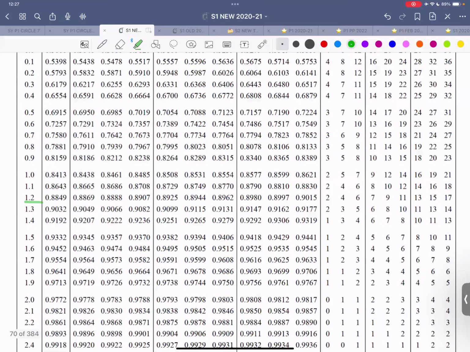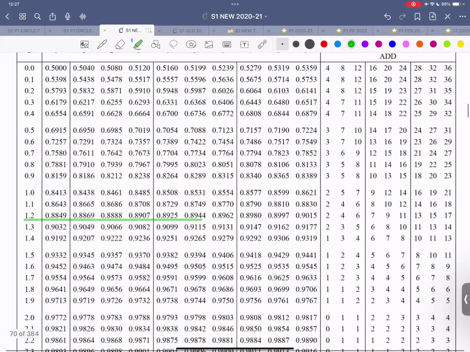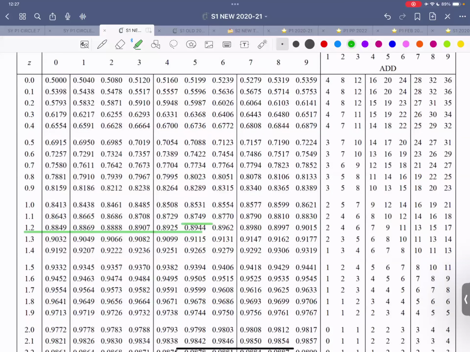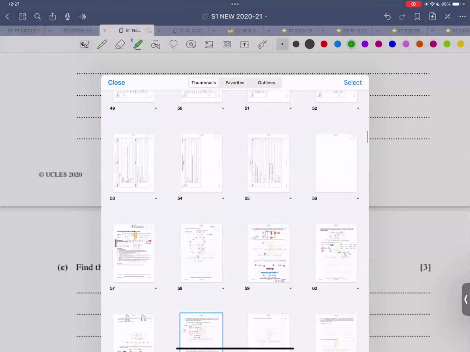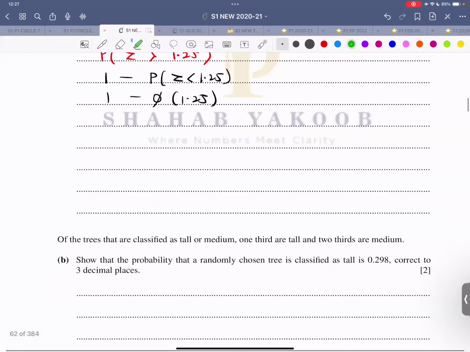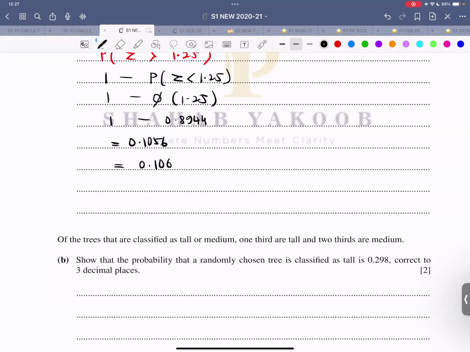This is 1.2 and 5. I think this is 5. Yeah, this is 5. 8944. So we have this thing ready, and this is 0.8944. So 1 minus 0.8944. This comes out to be 0.1056. For over here, we will write this thing as 0.106, correct to 3 significant figures.